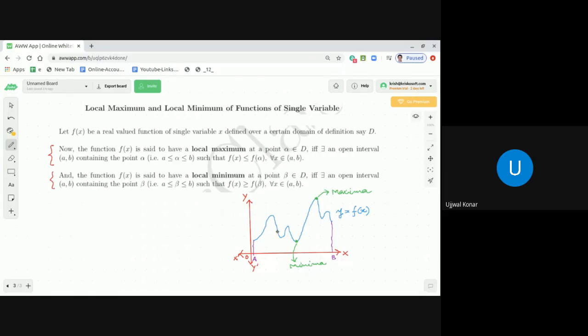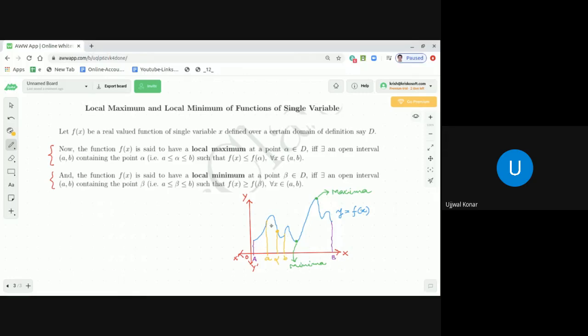Now, surrounding this point, suppose we find two values a and b. Suppose this is the point A, this is the point B, and this is the point alpha.